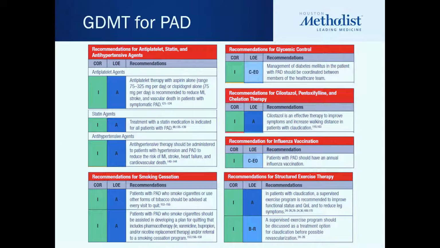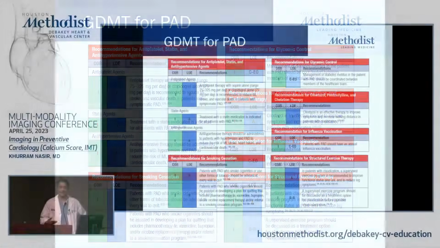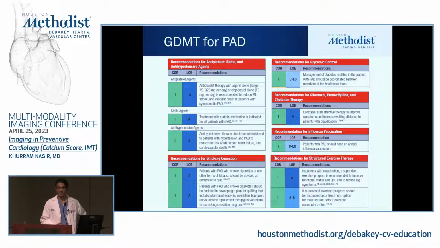So it's very important for them to be part of a structured exercise program early on, or even if none is available, you tell them to walk to the intensity of pain, maintain that for a little bit, slow down, and keep on making that effort. Over time, they'll see that they're able to walk further and longer.